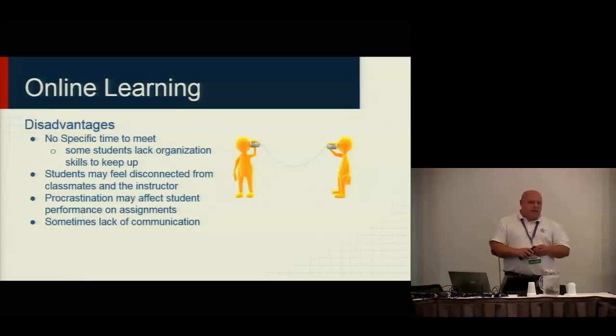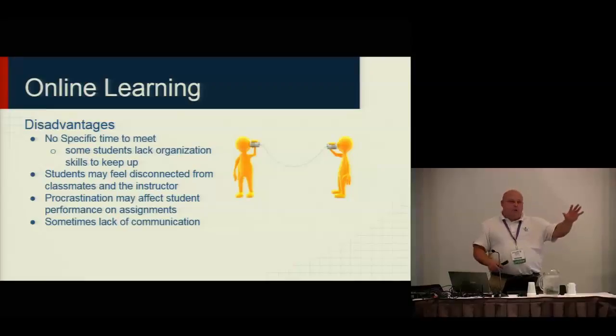Also, procrastination may cause a student to not perform as well on assignments. They try to hurry up and get done. They wait till 11:55 when it's due at 12 midnight, and they try to get it done in those 5 minutes. Versus if they were to start earlier, or if they were on campus, you could say, hey, next week we're going to be doing this.